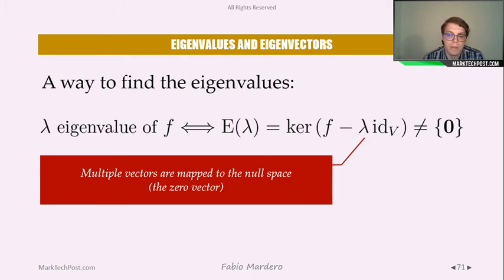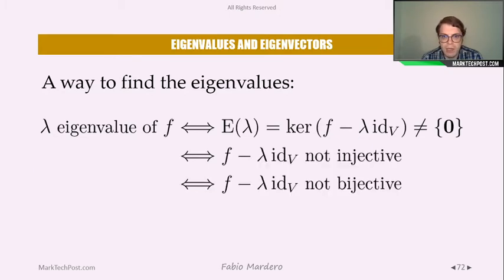So if the kernel is different from only the 0 element, it means that multiple vectors are mapped to the 0 vector. So this function must be not injective. So again, this function must be not bijective.